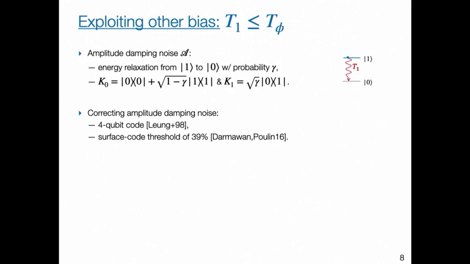This is exemplified by the 4-qubit code that can correct, with a caveat, approximately, one amplitude damping error. Also, if we want to correct an arbitrary Pauli error, we would need a 5-qubit code. Also, when we think about the surface code threshold for the amplitude damping noise in the code capacity scenario, we could get almost 40%.